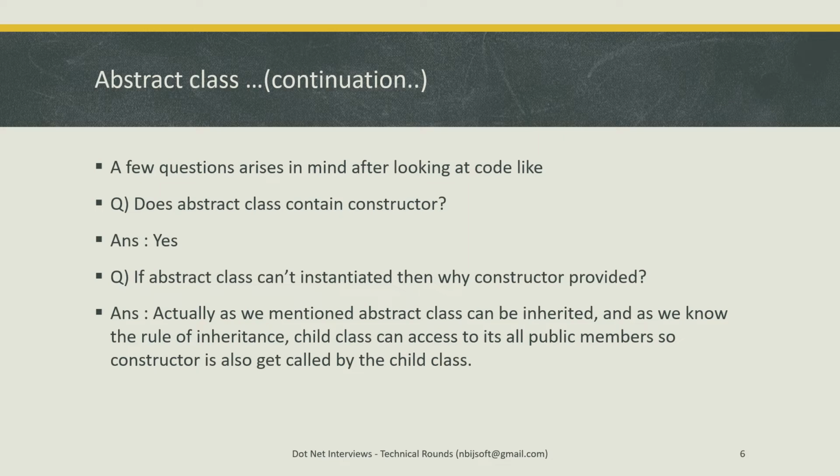Is there any specific need? Actually, as we mentioned, an abstract class can be inherited, and as we know, by the rule of inheritance, the child class can access all its public members. So constructors also get called by the child class.